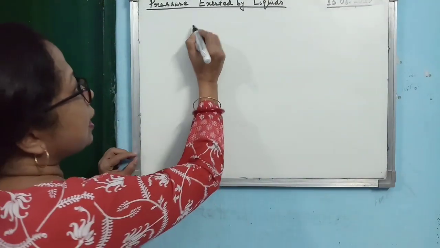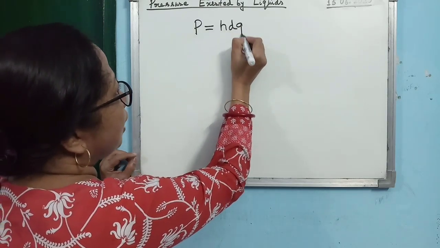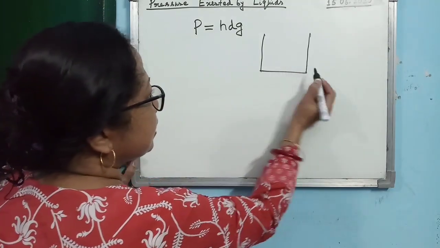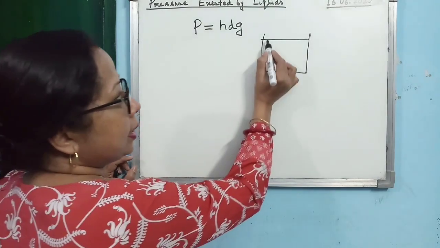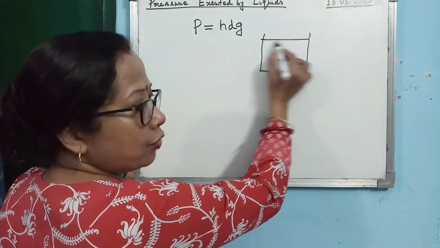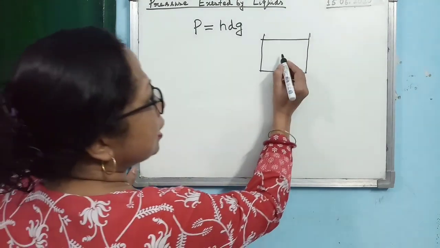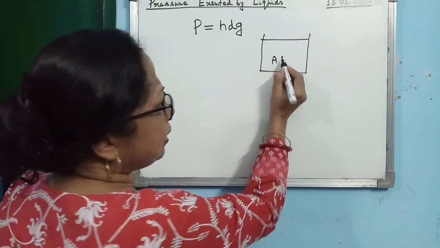Now the pressure exerted by liquid is given by this formula: H D G. Now what does H represent? Just understand it. Suppose you have taken liquid in a container; the uppermost surface is known as the free surface. Now suppose you have taken a point A here.